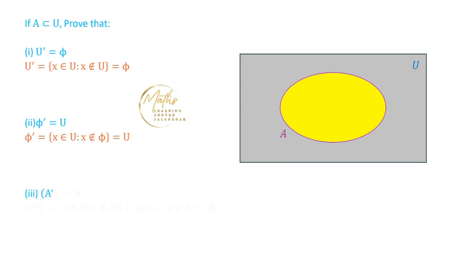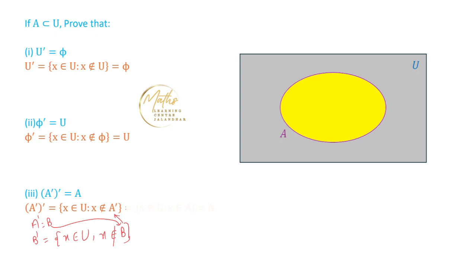Next we have to prove that the complement of A complement is equal to A itself. When we are writing the complement of A complement, it means we are talking about all those elements x of the universal set such that x does not belong to A complement. If you are not able to understand this, you can write A complement equal to B. So technically we are writing the definition for B complement, that is, x belongs to U and x does not belong to B. Again replace this B by A complement, and you will obtain the definition in this form.